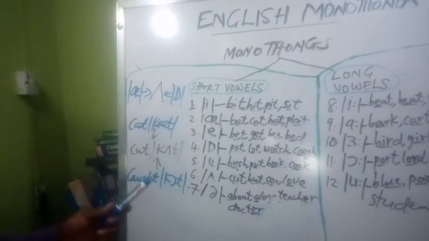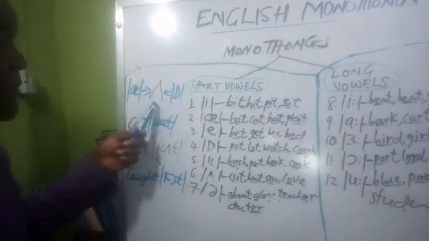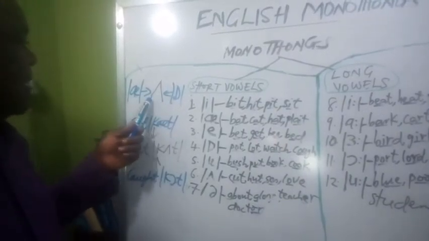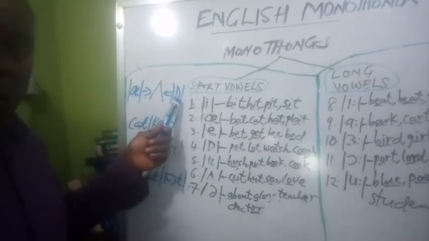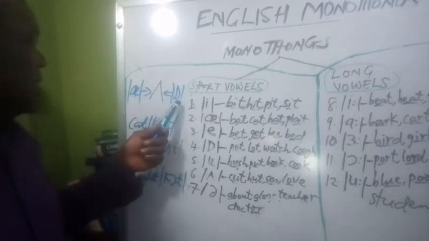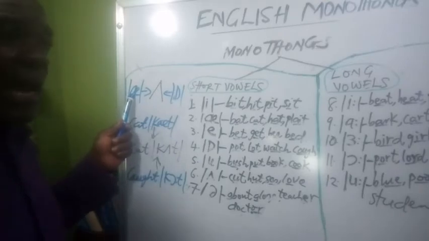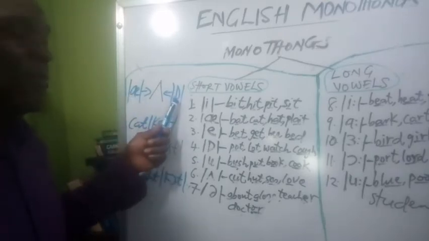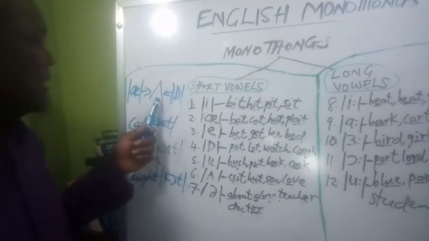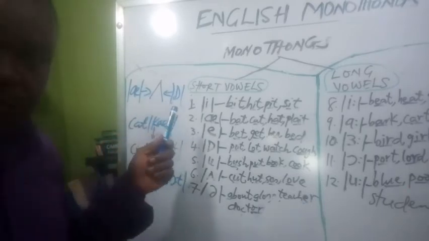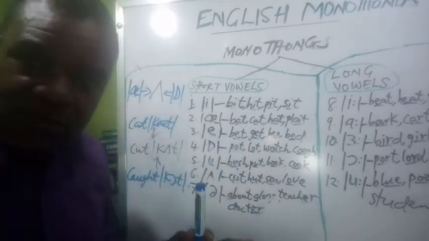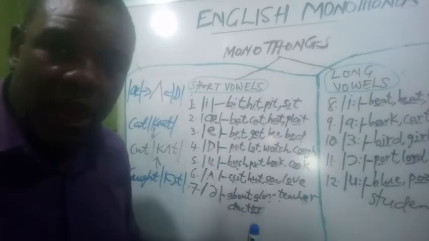Now this central vowel sound lies in the border between a and o. It is not to be pronounced as a, and it is not to be pronounced as o. It lies in the middle.